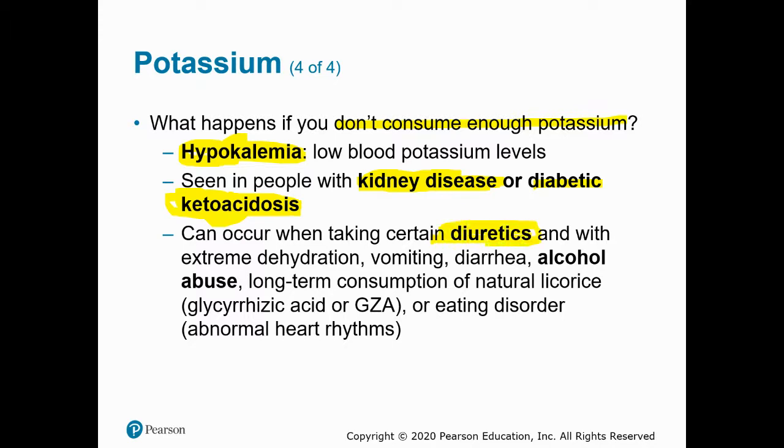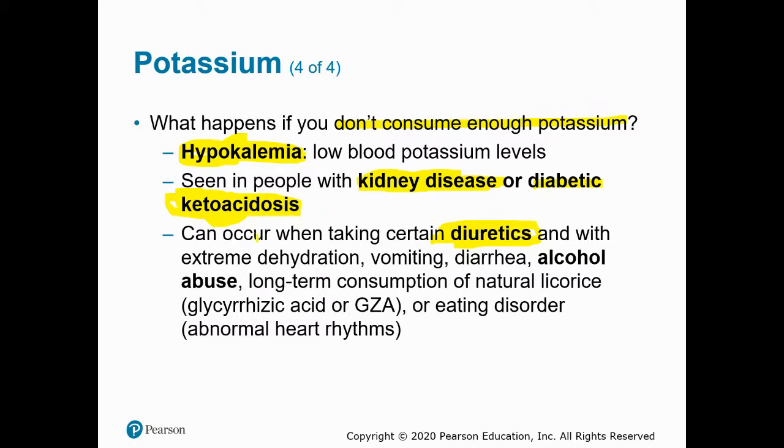Diuretics can also result in hypokalemia because many diuretics work by causing the body to excrete more potassium, which causes water to follow. So by excreting more potassium, we excrete more water, and we get rid of some of the water. So again, diuretics can lead to low potassium levels in the blood.